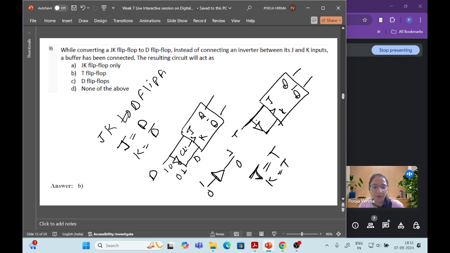Whatever we have given to J will also go to K. So the resulting circuit will act as a T flip-flop in that case.